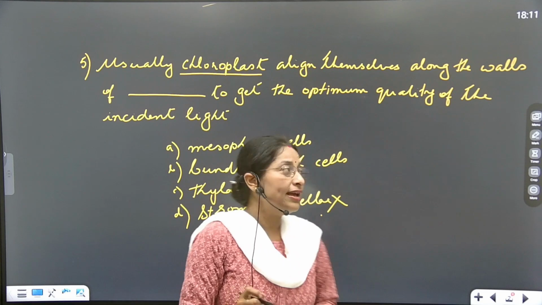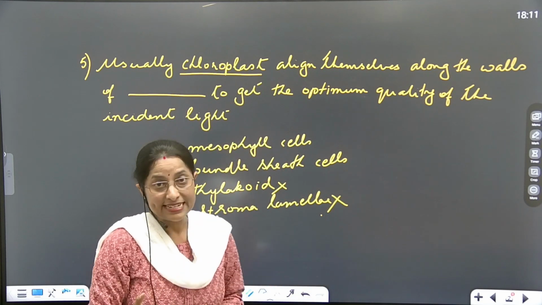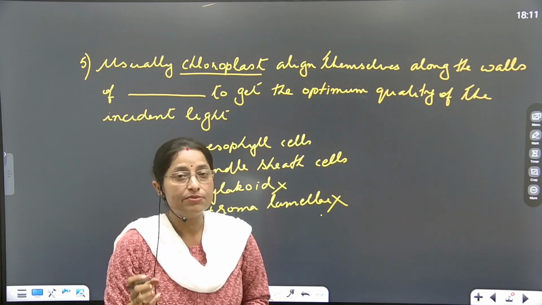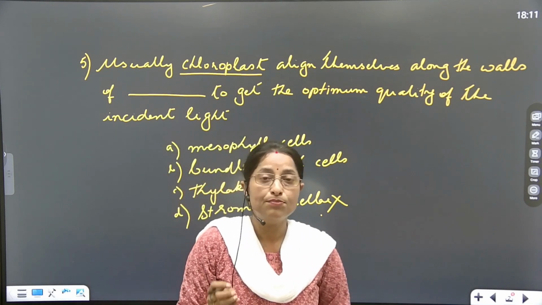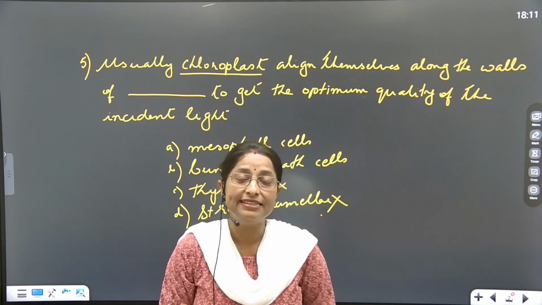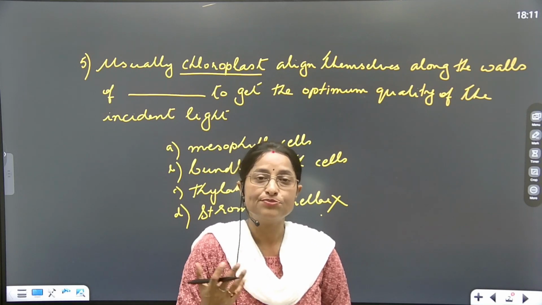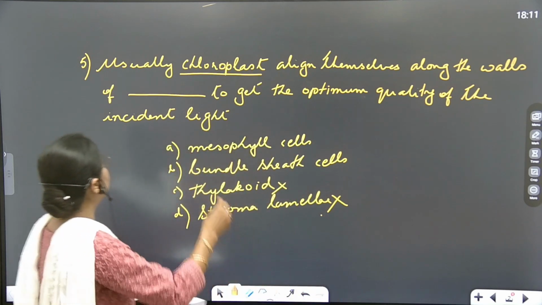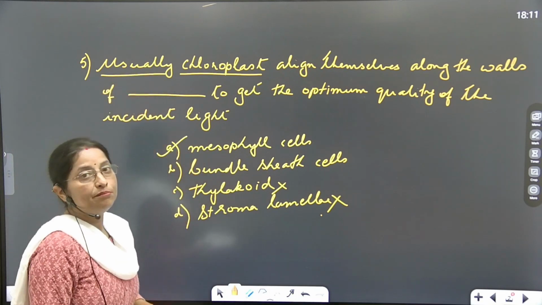So we have two options that seem to be correct. But the point to remember is bundle sheath cell is not something you will see in each and every plant, while mesophyll cells are present in each and every plant. So we have the word usually, and so the answer would be mesophyll cells.